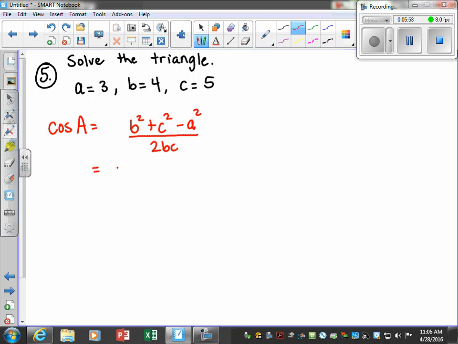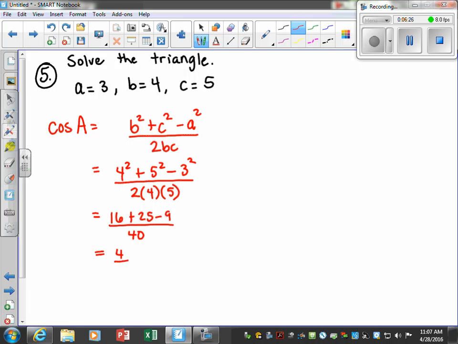So that's going to be 4 squared plus 5 squared minus 3 squared over 2 times b times c. 16 plus 25 minus 9 over 40 simplifies to what? 4/5.